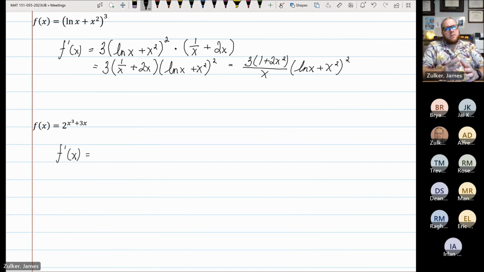Clearly, this is an exponential function. What is the base of the exponential?